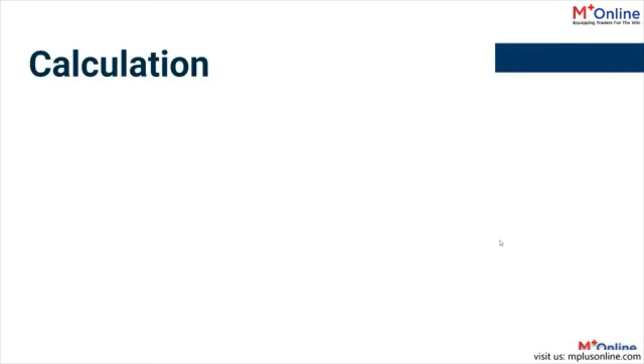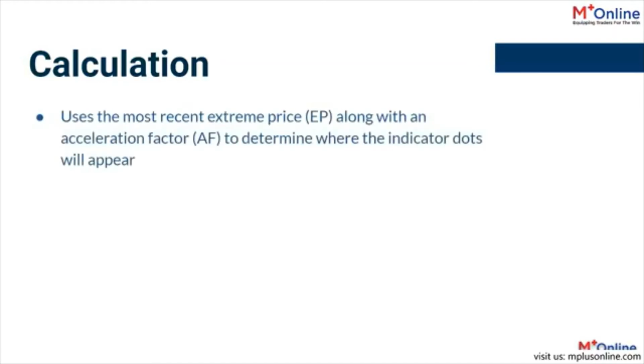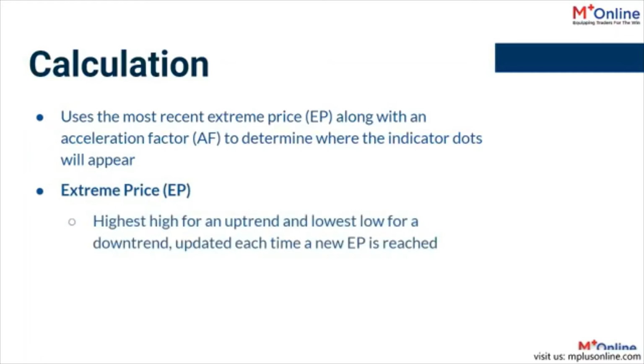Just a very brief sharing with you guys on how all these dots came out. It is actually quite a complicated formula, whereby it uses the extreme price, EP, along with another figure called the acceleration factor, AF, to determine where the dots are. The extreme price is the highest high or the lowest low in the trend.